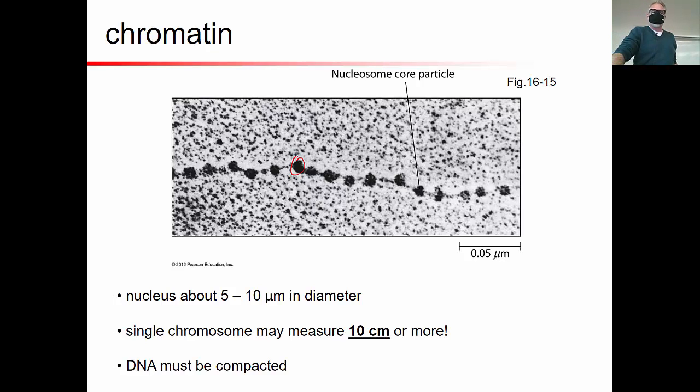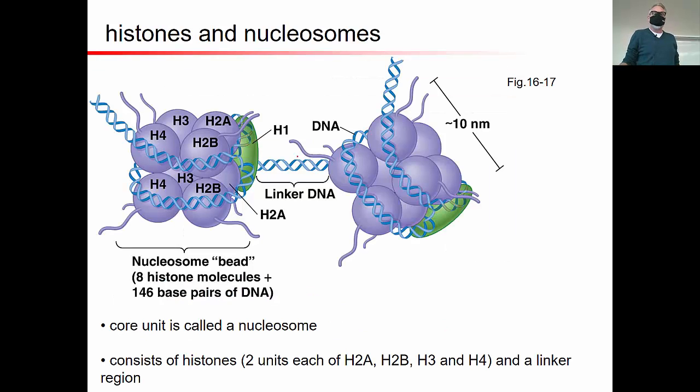So the first layer we have here is what's called the nucleosome, where we wrap the DNA around this cluster of 8 proteins that are called histones. And so we wrap it around, and then there's a little linker. So this DNA is all one piece, so we wrap it around, there's a little link, we wrap it around again, we wrap it around another one, and that's why this looks like beads on a string.